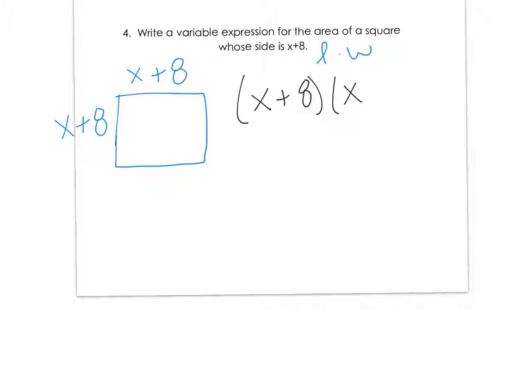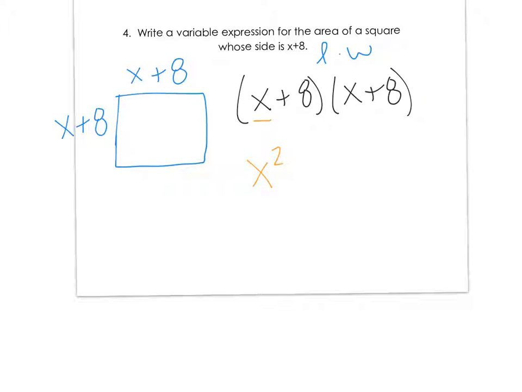X plus 8 times x plus 8. And I could FOIL, I could use the box method, or I could use the special products rule that we learned about, which is a lot simpler and I can do that in my head. I don't have to show as much work. So I'm going to go ahead and do that right now. And I know with the special products rule that I want to square my first term, which is x, and get x squared.